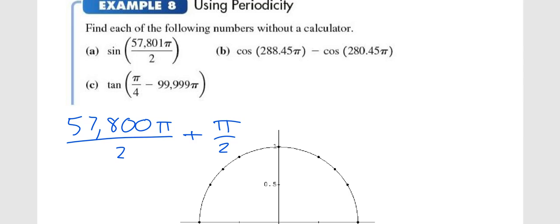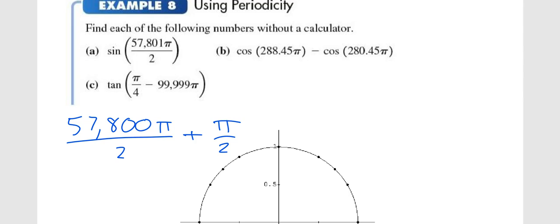Now, where does 57,800 land? That's a lot of pi over 2, isn't it? Right? Because you got 1 pi over 2, 2 pi over 2, 3 pi over 2, 4 pi over 2, right? Every multiple of 4 is another trip around the circle, right?